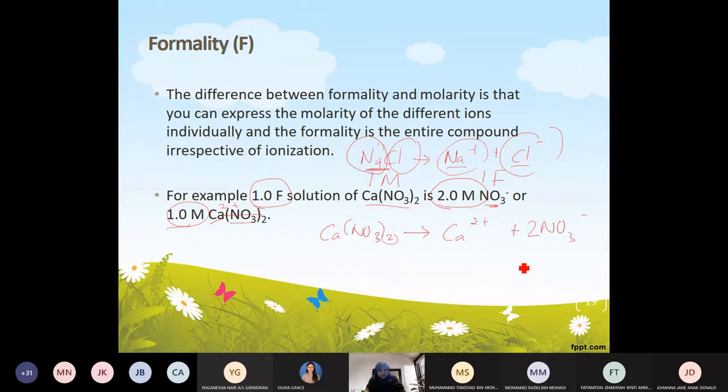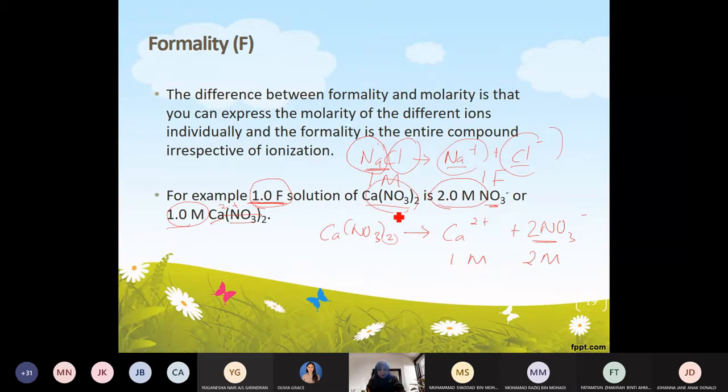So you see, when we talk about molarity, kita ada 2 molarity of nitrate and 1 molarity of calcium. But when we talk about the whole compound itself, it refers to 1 formality. Itu bezanya.